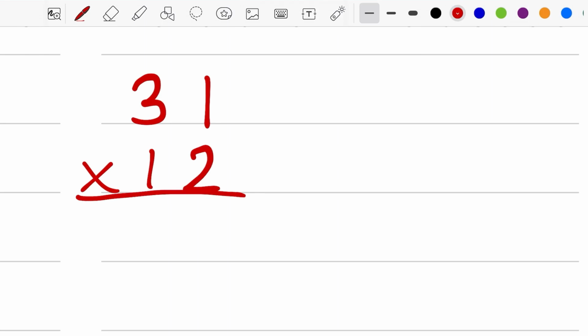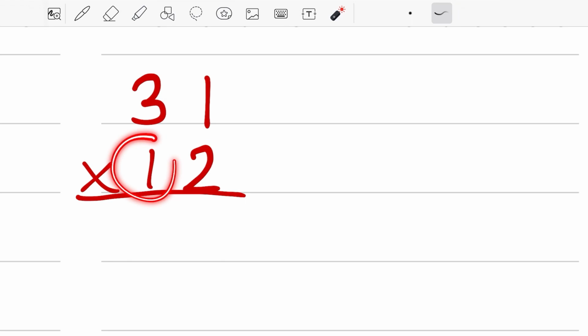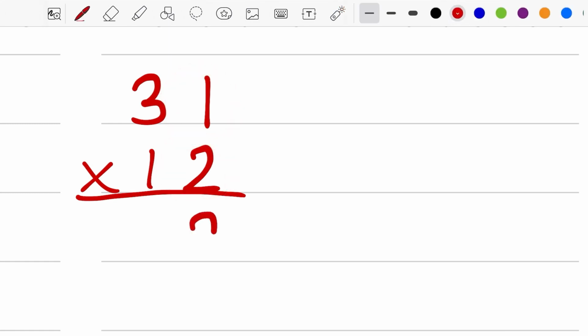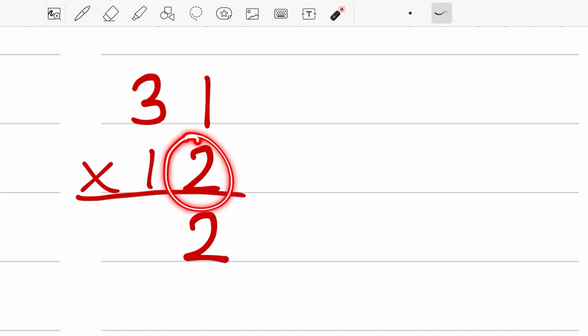We can start with the ones number, or we can start with the tens number. In this example, we will start with the ones number. 2 times 1 is 2. So we are multiplying the ones digit by both numbers.